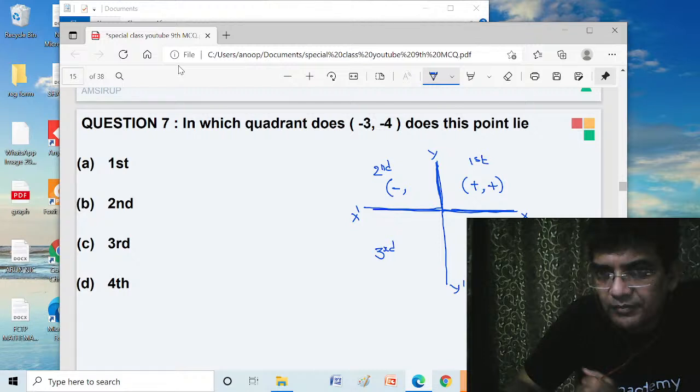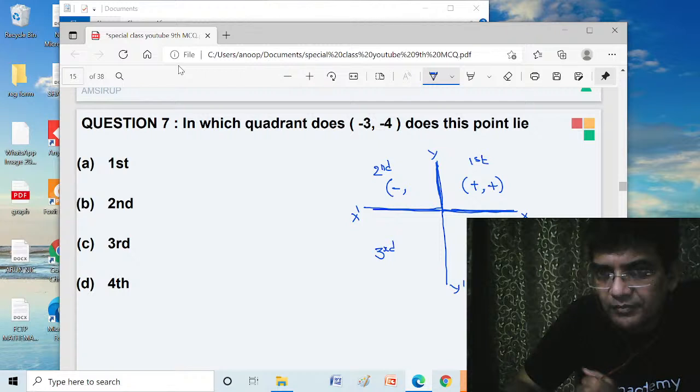What about the third one? For the third one we say any point having x negative and y negative, both negative, lies in the third quadrant.